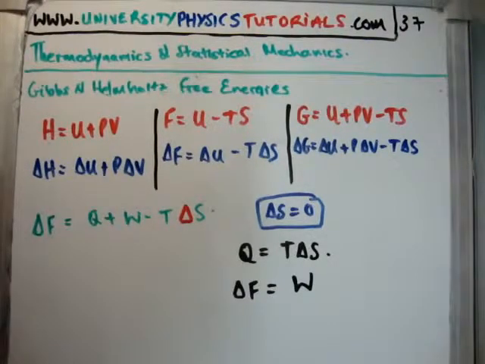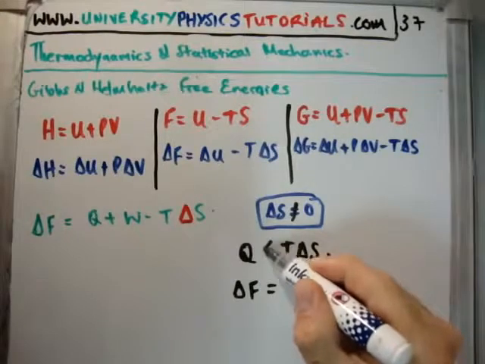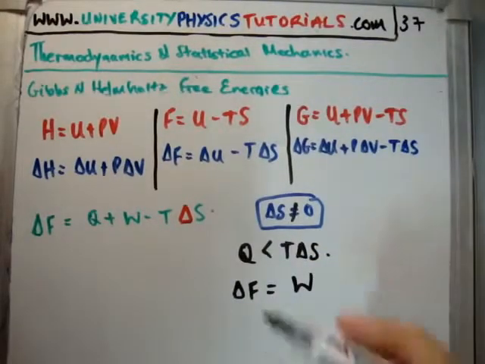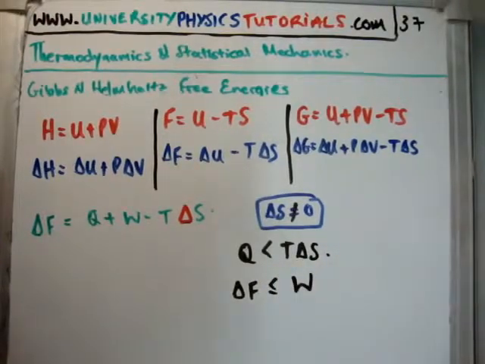However, when new entropy is created by making our system, then the heat, we'll say, is going to be less than T delta S, and that means the change in the Gibbs free energy is going to be less than or equal to the work done on the system.